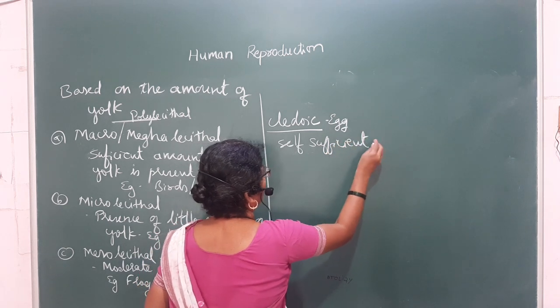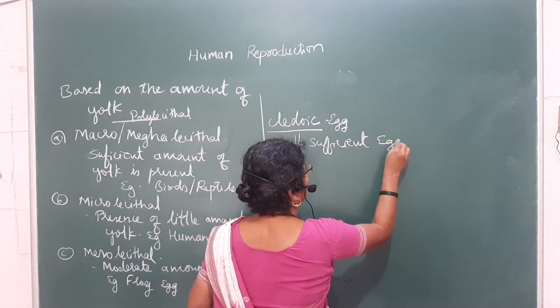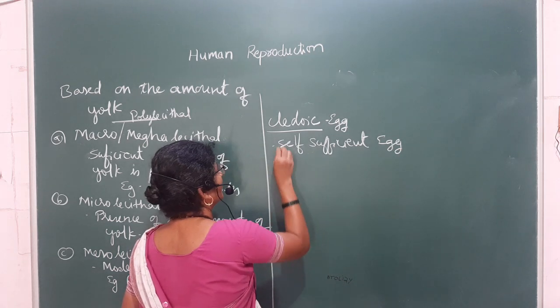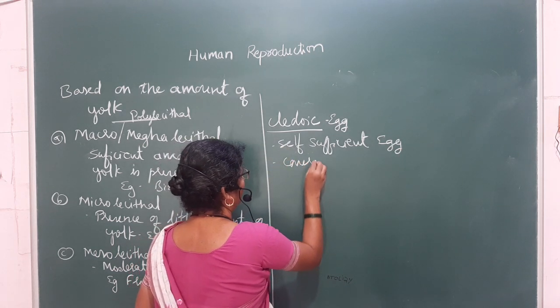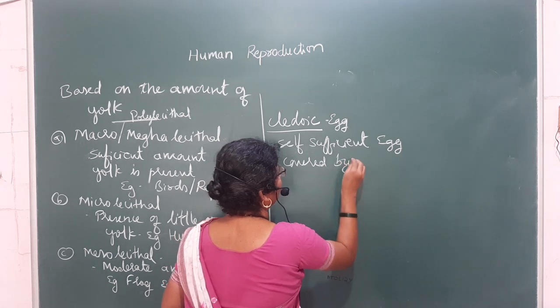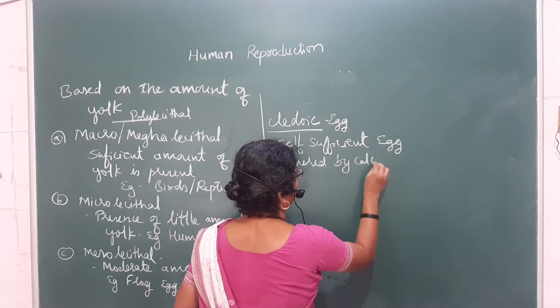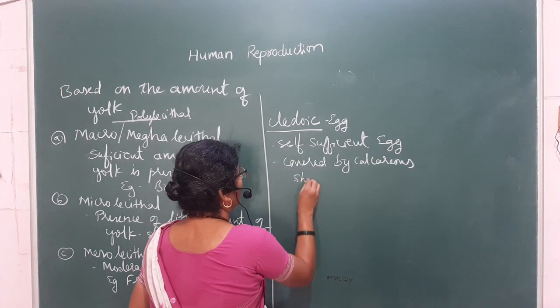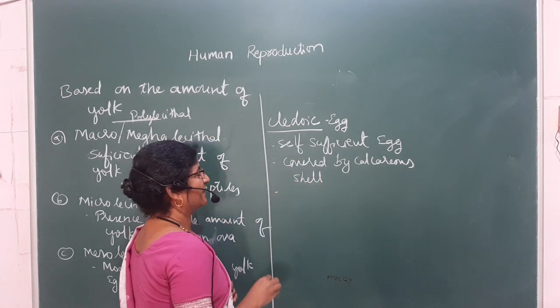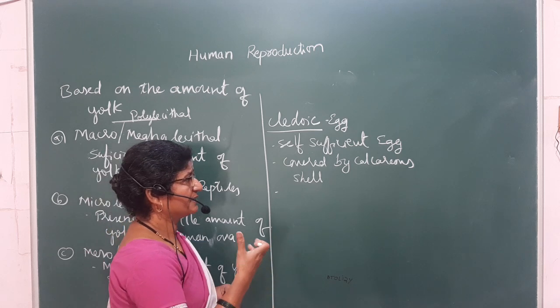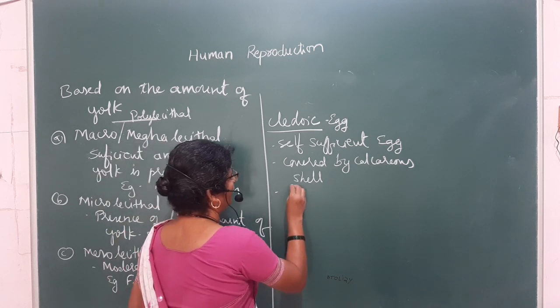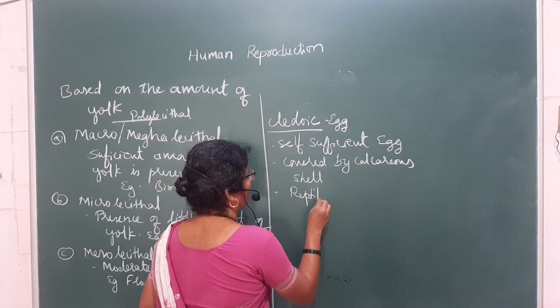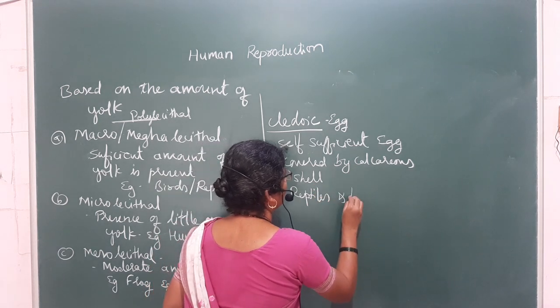They are covered by a calcareous shell, which has got pores for respiration. And usually such eggs we will see in the reptiles and the birds.